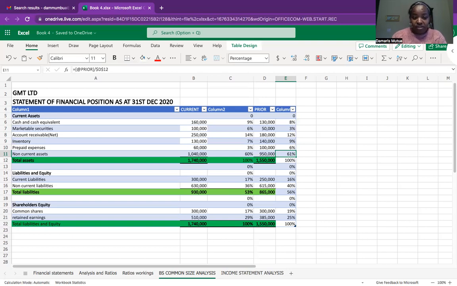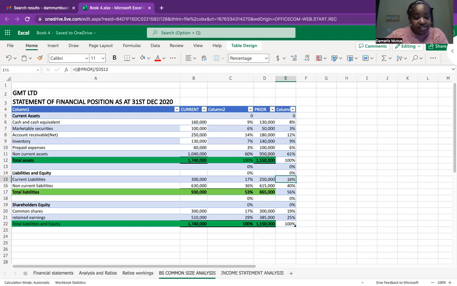But looking at the figures, just looking at the totals, our current assets have increased, but looking at them as a percentage of the total assets, the percentage has gone down. So Hashedi will be helpful in this case to get to know exactly what is happening to our non-current assets.